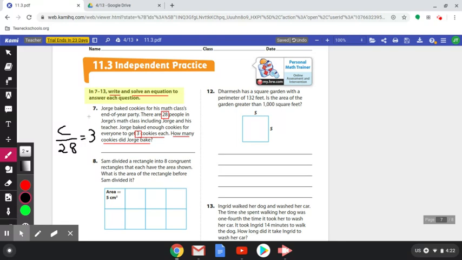Here's one possibility of the equation. What you'll now need to do is find out how many cookies did he bake. What you're going to tell me is C equals what? That's what you're looking for now.